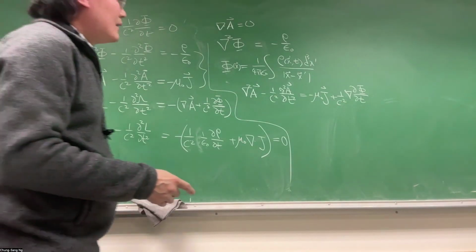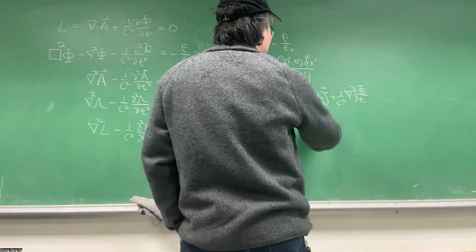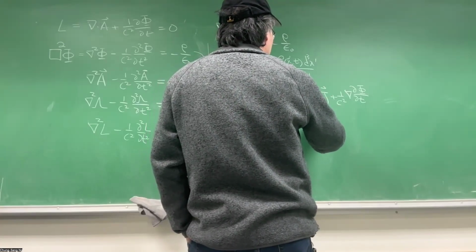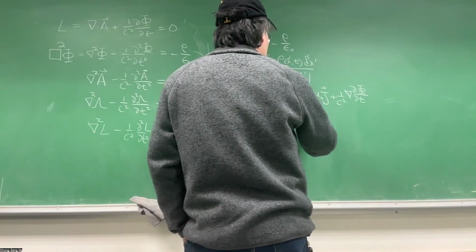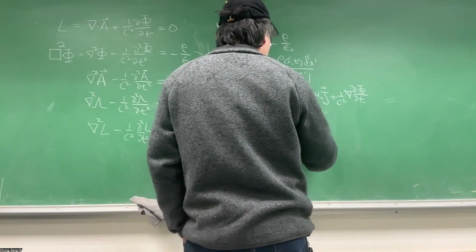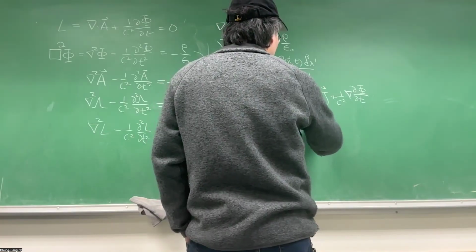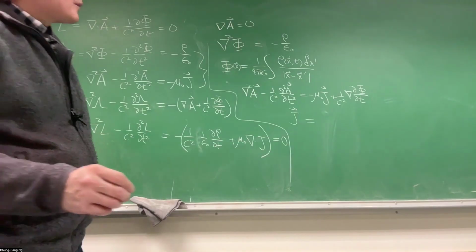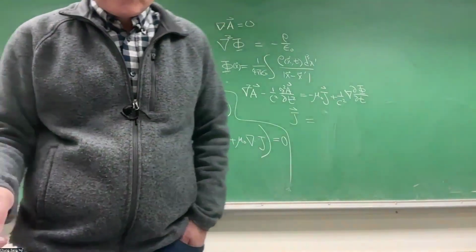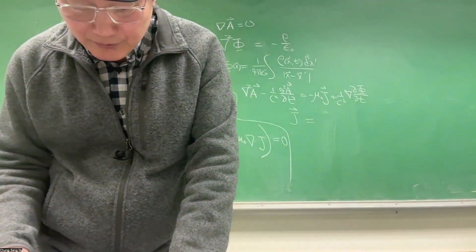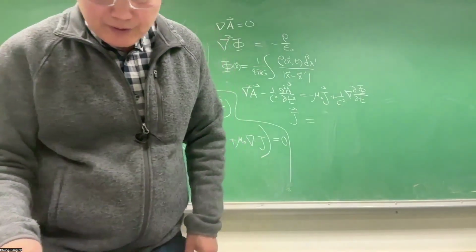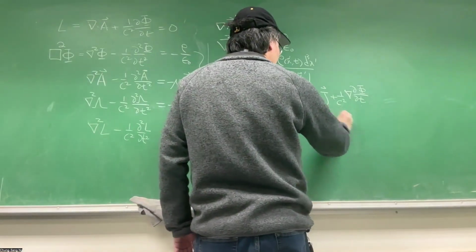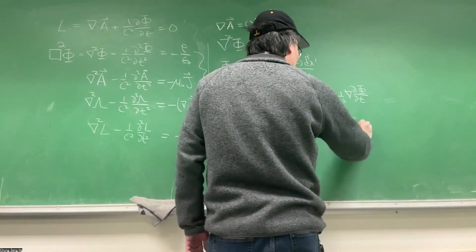But first, to use that, you apply a mathematical theorem. A vector can be expressed as two terms. One is what you call a transverse term, the other is a longitudinal term. So you have J longitudinal and J transverse.